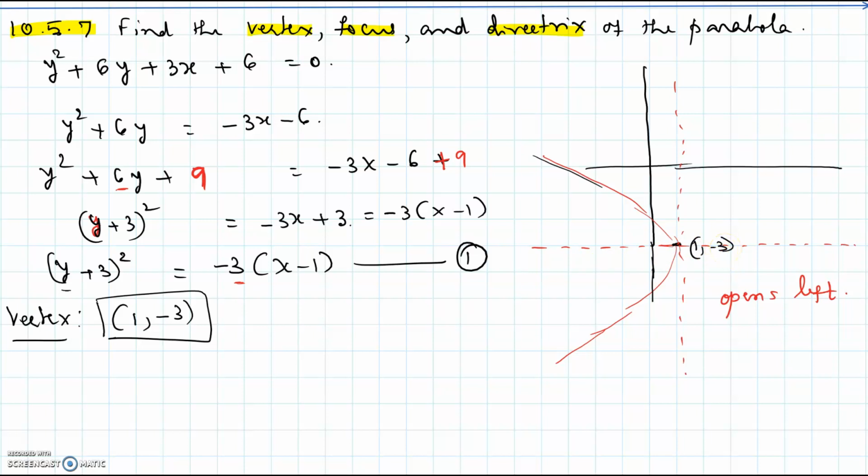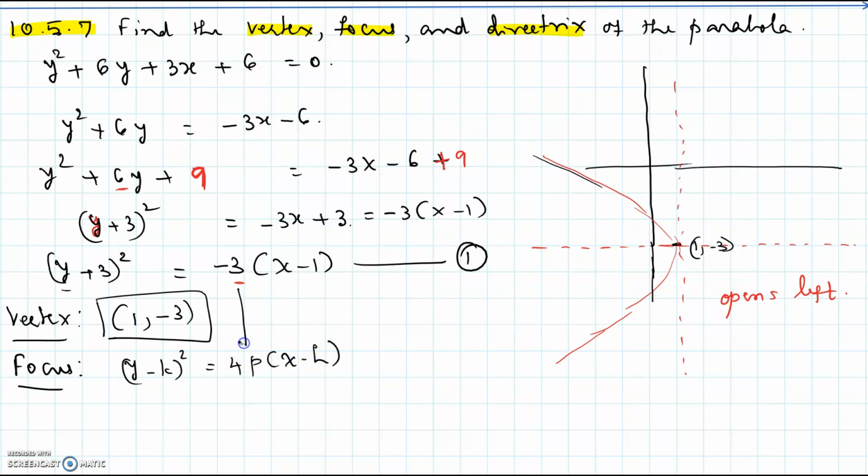To find the focus, we need to recognize this as (y minus k) the whole squared equal to 4p times (x minus h). So this is a standard equation.